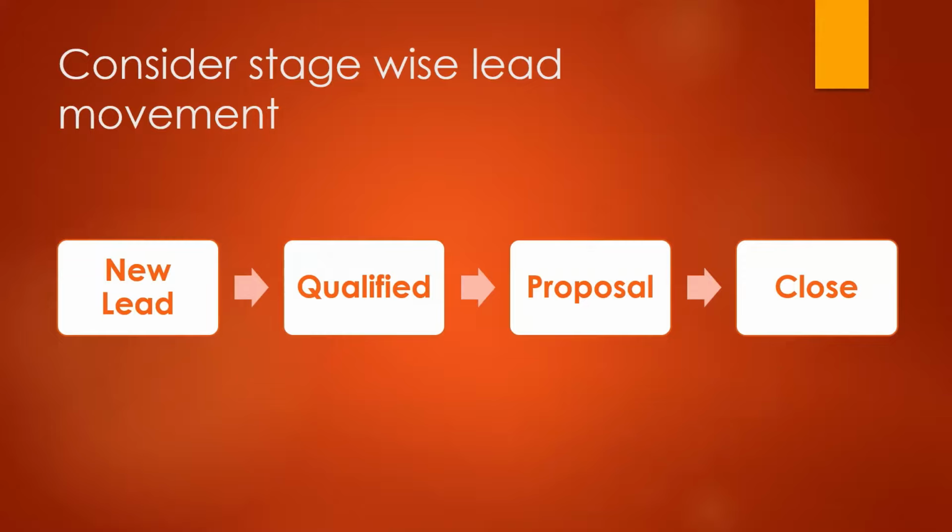What you should ideally do is look at stage-wise lead movement. So if we say that there are 4 stages, new lead, qualification, proposal, and closure, understand the conversion at each stage, understand the dropout of leads at each stage, because each stage would have its own improvement opportunities for you, which is simpler and easier compared to looking at the entire process as a whole.